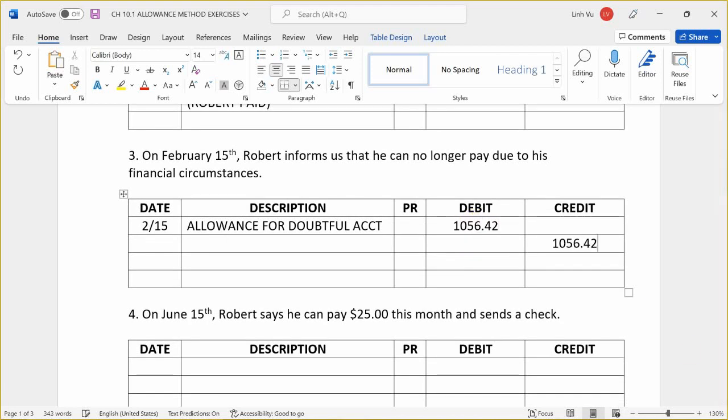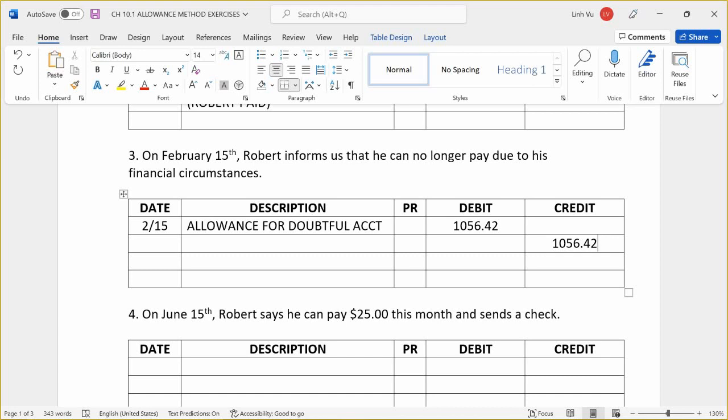Correct. Because we don't know when he's going to pay us back, right? We can't just say he's not going to pay me my $25. No, we don't know. Because again, anybody can pay above the minimum, or anybody can pay, well, not below the minimum, but you know what I mean, right? Especially when you're making payment plans, you can't predict what they're going to pay you, because today they could pay you $25, tomorrow they could pay you $100, and then the next day they could pay you $15.